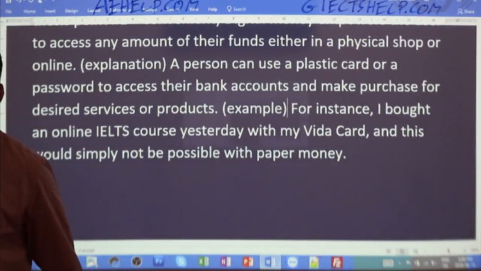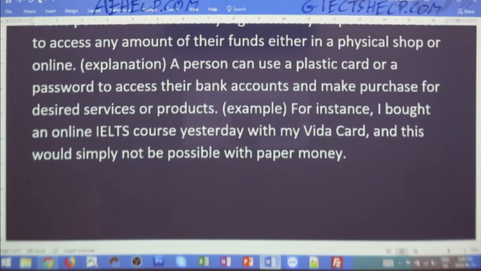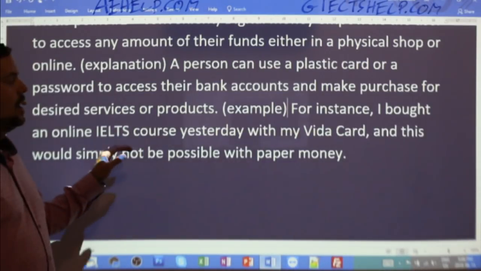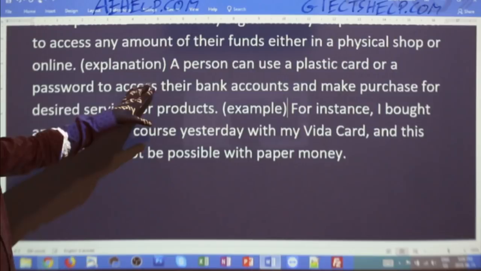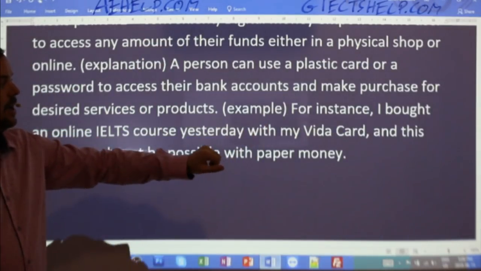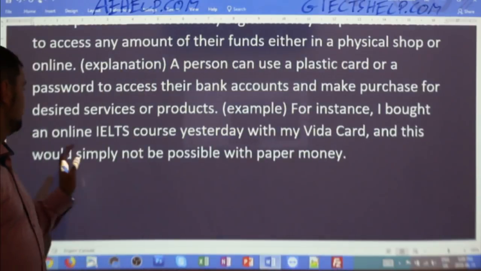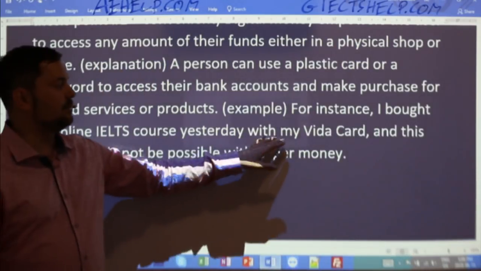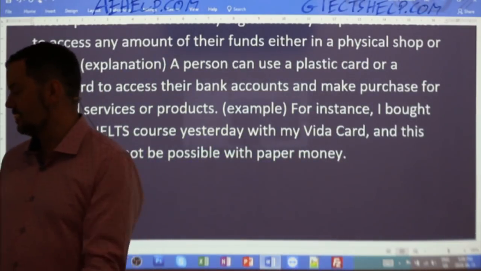All right? So remember, the question for IELTS is always asking you for examples and explanations, or explanations and examples. And you don't want to confuse that. This is an explanation. This is an example, okay? For instance, I bought an online IELTS course yesterday with my, not Vita card.